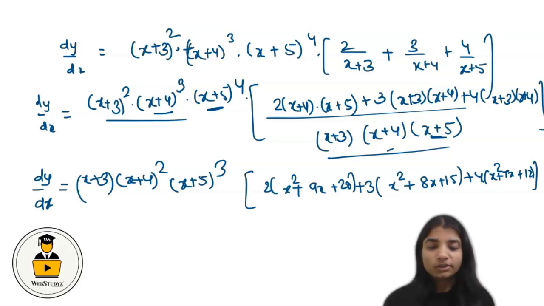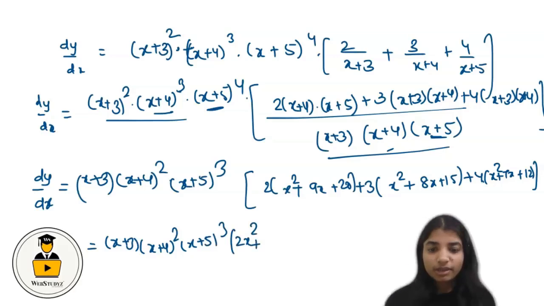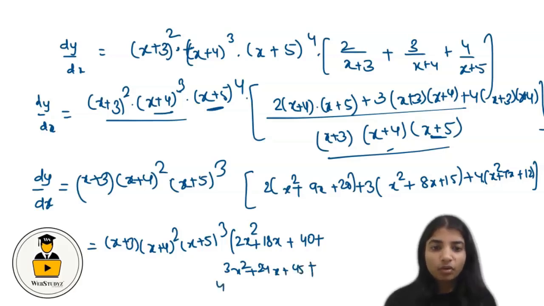So now further solving this term from here, this becomes equal to x plus 3 multiplied by x plus 4 raised to the power 2 multiplied by x plus 5 raised to the power 3. Further simplifying this becomes equal to 2x raised to the power 2 plus 18x plus 40, plus 3x raised to the power 2 plus 24x plus 45, plus 4x raised to the power 2 plus 28x plus 48.